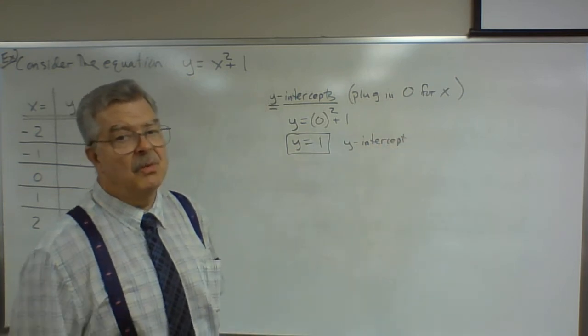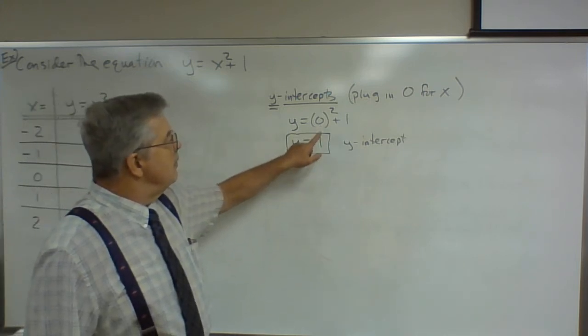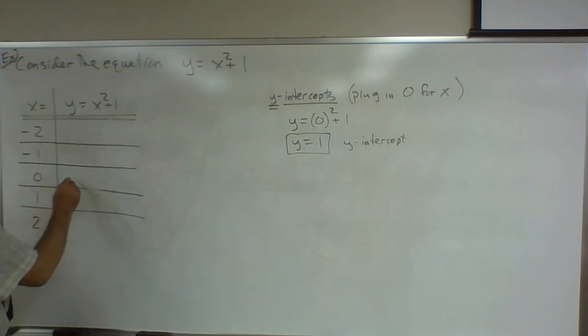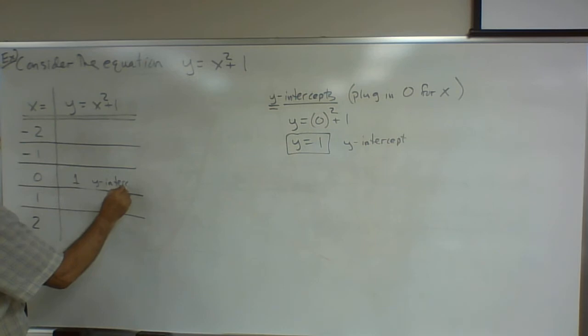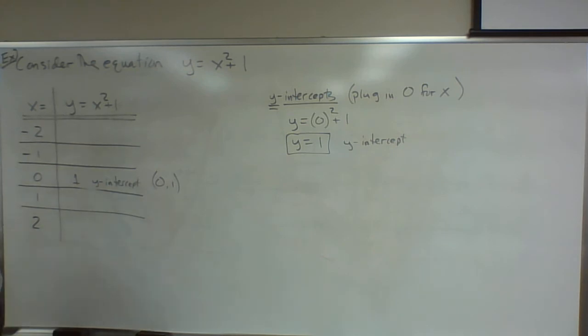Was that easy or what? And this turns out to be one of the points that we're going to plot. X equals 0, y equals 1, y-intercept. So (0, 1) is an intercept.